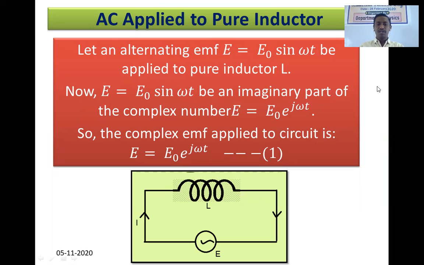Hence, the complex EMF applied to the circuit containing a pure inductor is E equals E0 e to the power j omega t. So, with the application of this complex EMF E to the circuit, the current I is developed or flows in the circuit.